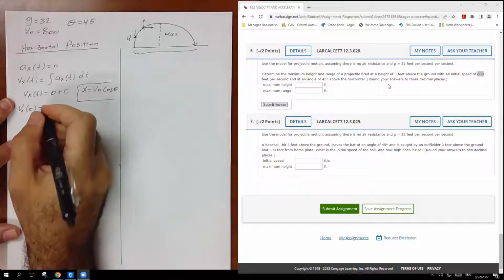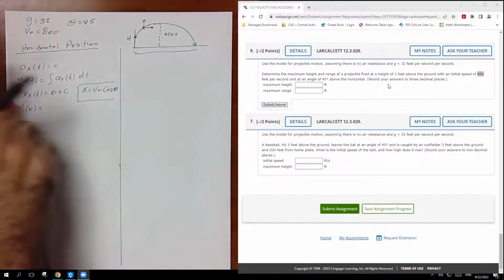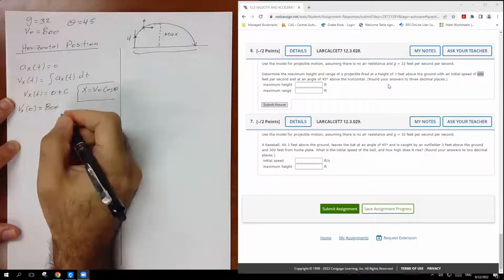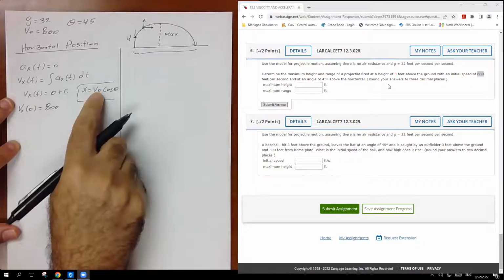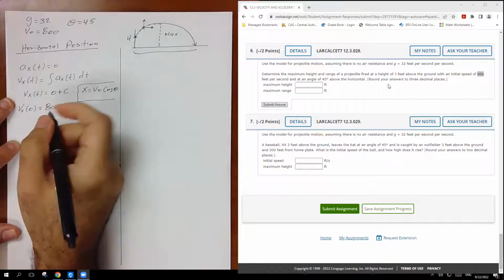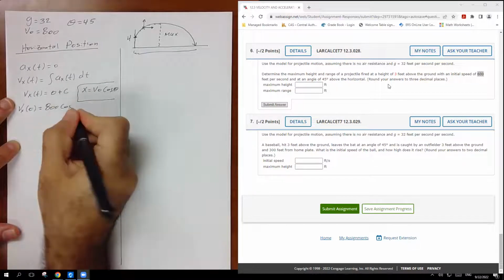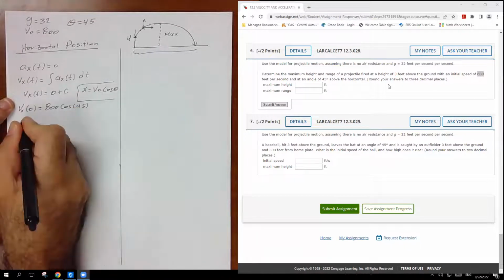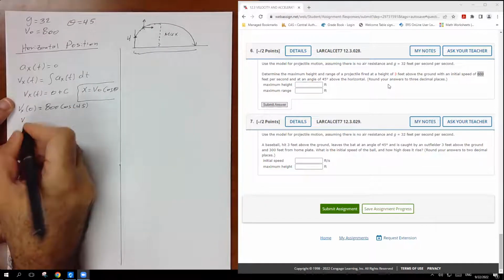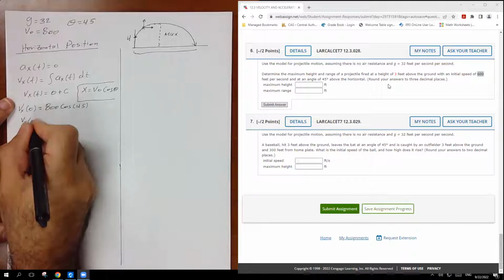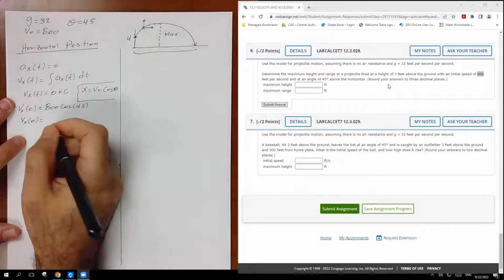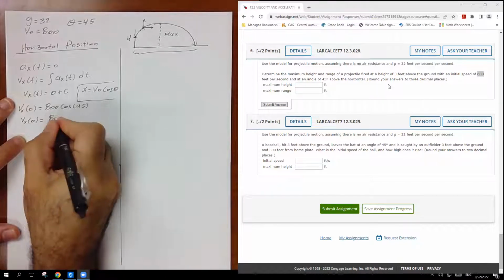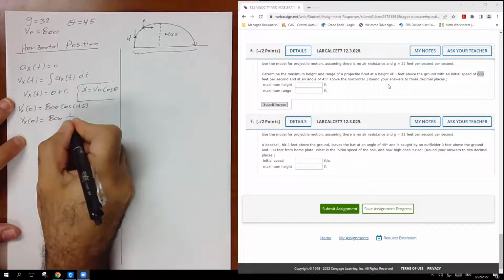The initial velocity is 800. So it's going to be 800 cosine 45, which is 1 over square root of 2.